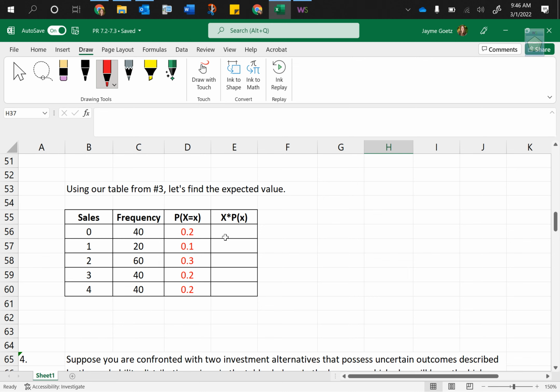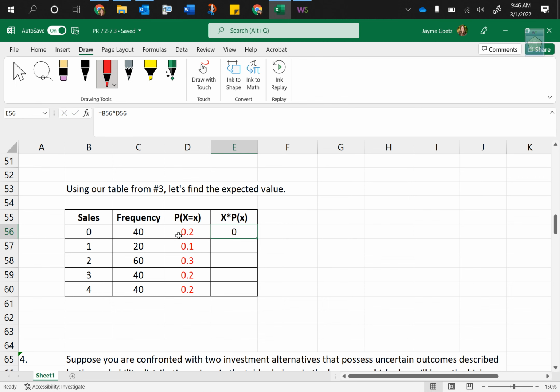So here, I'm going to come in this box and I'm going to hit equals. I want to multiply the value, which is going to come over here, and that's going to be 0. And I want to multiply it by its probability, which was 0.2. Notice I'm not just typing in 0 times 0.2, because I want to create a formula to make it easier.